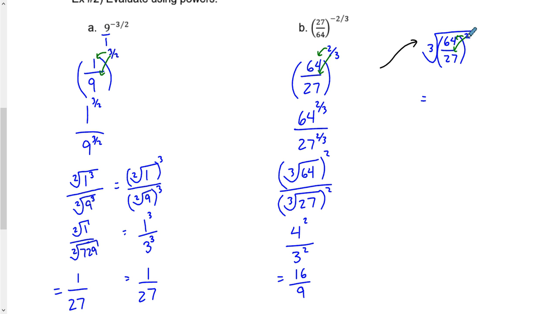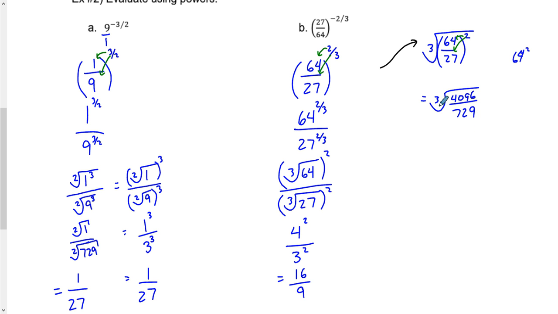I don't have to necessarily write 64 squared and 27 squared. I can just know that I have to apply my squared onto both. 64 squared being 4,096, 27 squared, 729.